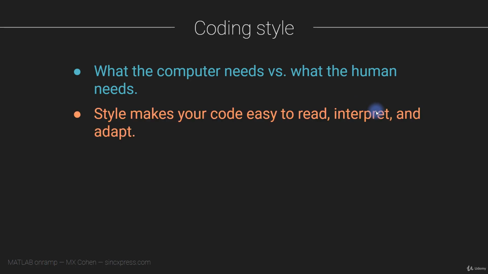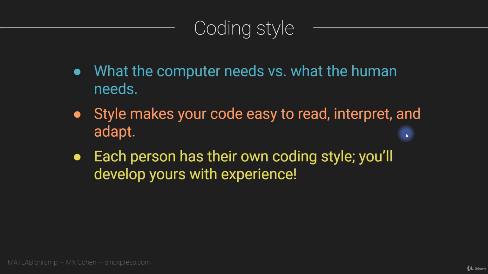But then there's a part of programming that humans need. That's the part of programming that helps you read, interpret, and understand the code. It helps other people figure out how to read and develop and extend your code. And good programming style helps you prevent mistakes and find them and fix them faster when you do make them.